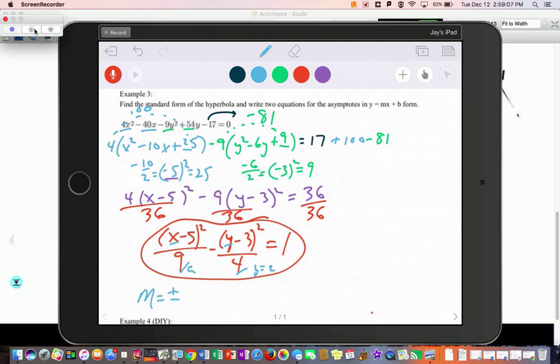So my a value technically is 3. But just remember it's y to the sky. So take the number that's under y, square root it, that's a 2. Under the x is the 9, square root it, that's a 3. So my slopes are 2/3. And I know my center is 5, 3. So I have a solution point and the center.